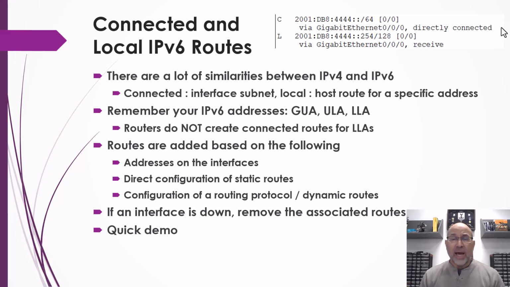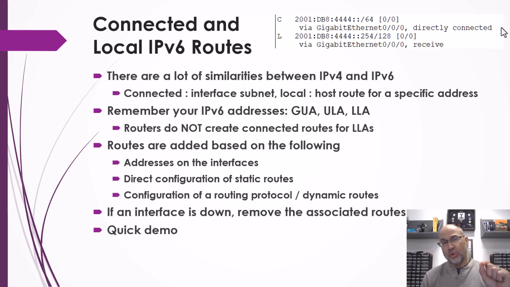And we do not create local routes for link local addresses. So even though you know your neighbors, and even though you have a link local address, we don't create routing table entries for those, and we'll see those here in a second. So when we add routes to the routing table, they get added based on a couple of criteria, right?